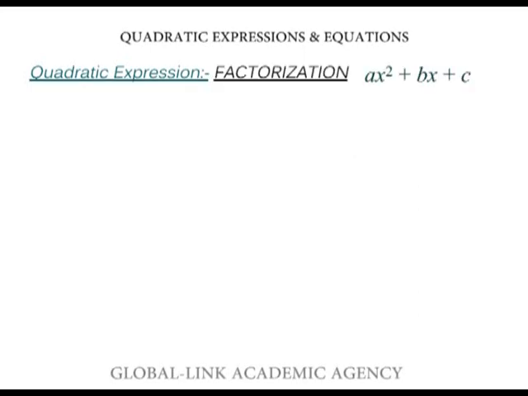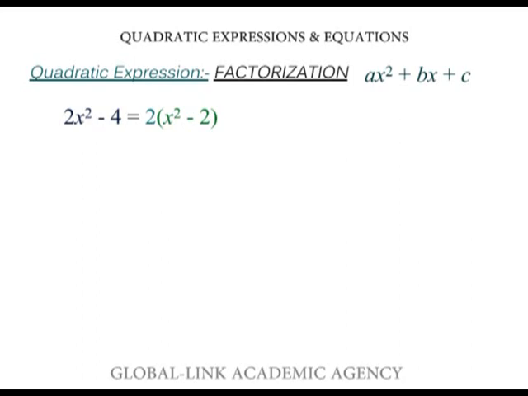Factorization of quadratic expressions. In an expression such as 2x squared - 4, the factors are 2 into x squared - 2, hence 2 and x squared - 2 are the factors.